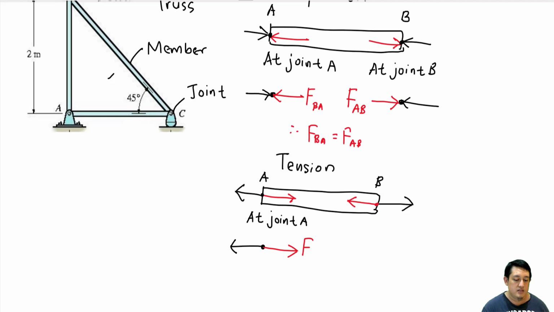I label it as F_AB. Because up there we also have A to B, let's make it A prime B prime.